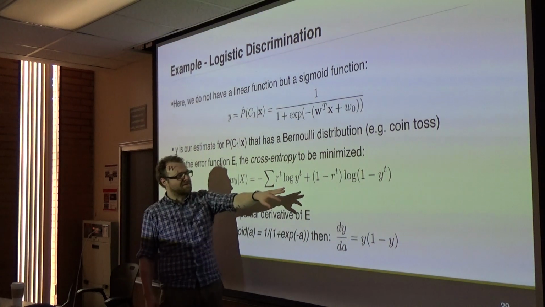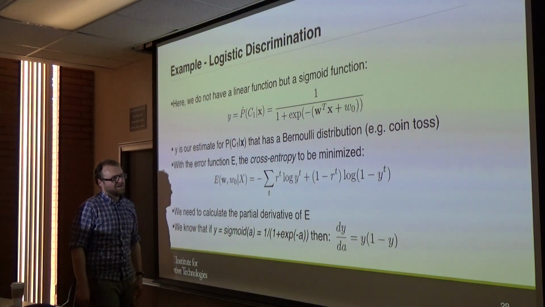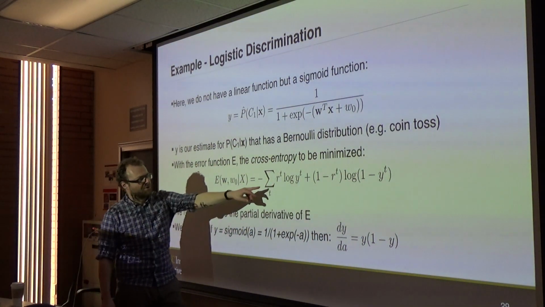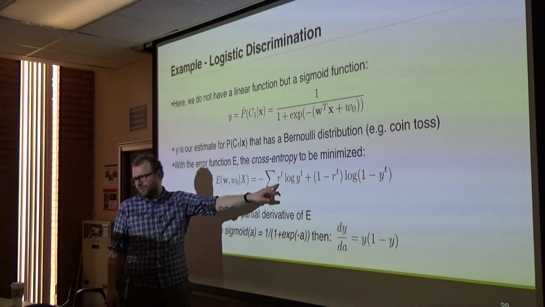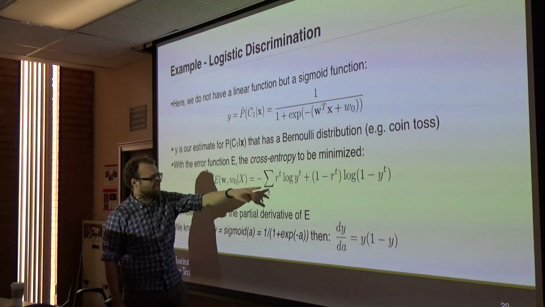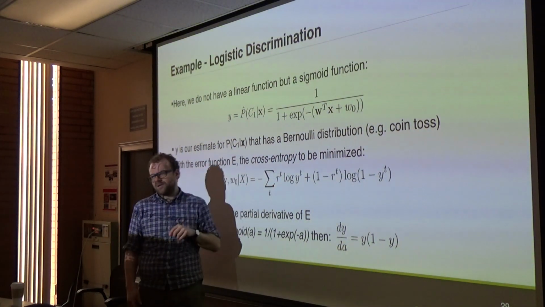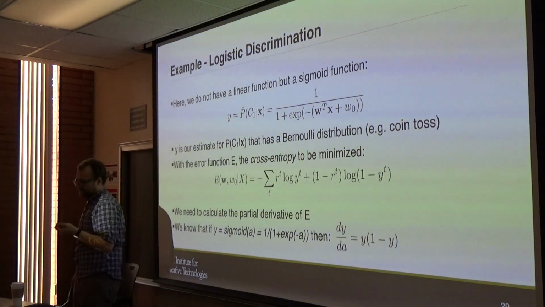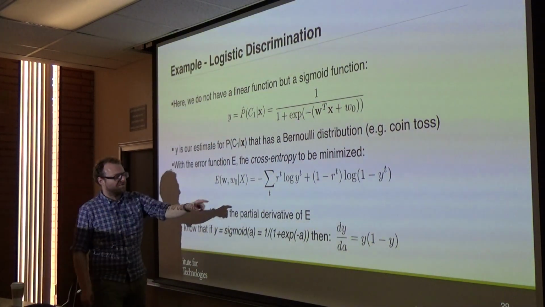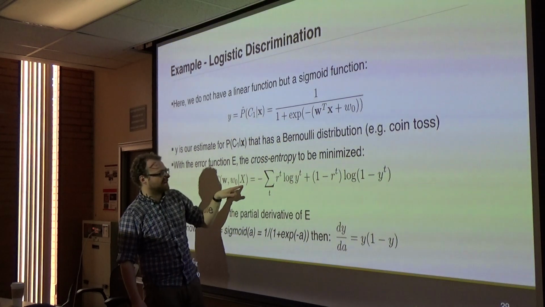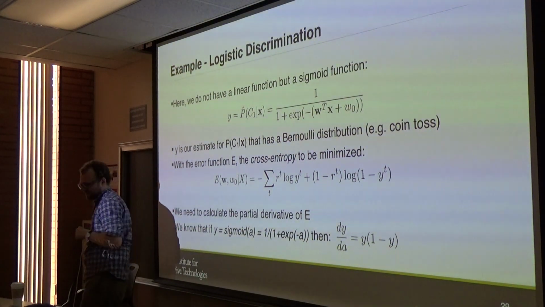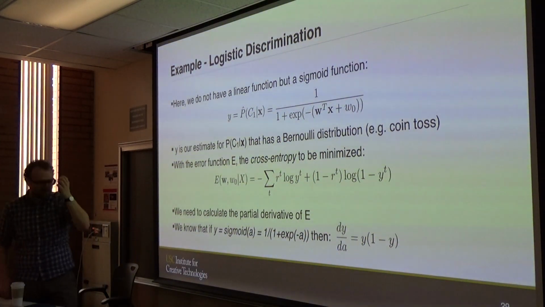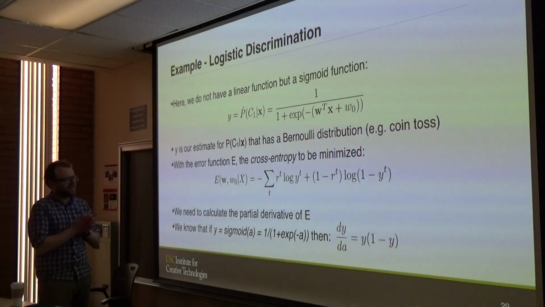In this case it's the cross entropy between what we predict the output is in our logistic discrimination and what the actual output is for each sample t, going from t equals 1 to the number of values in x. That's the basic idea.